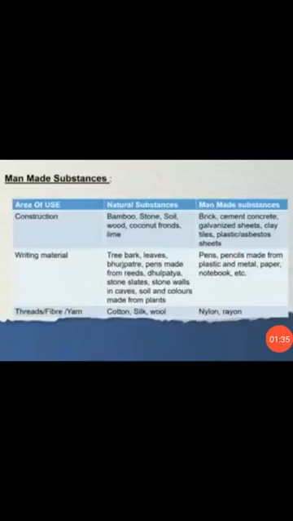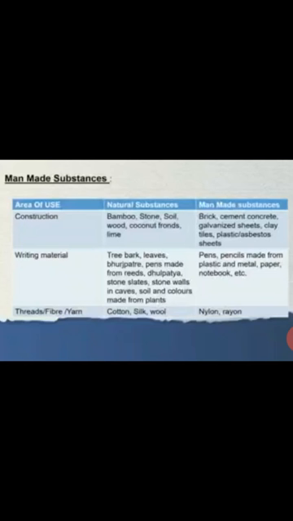So students, as you can see, there are three columns: areas of uses, natural substances, man-made substances. We will see the difference between natural and man-made substances with the help of areas of use.